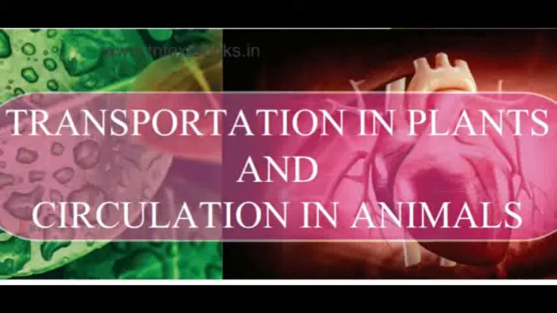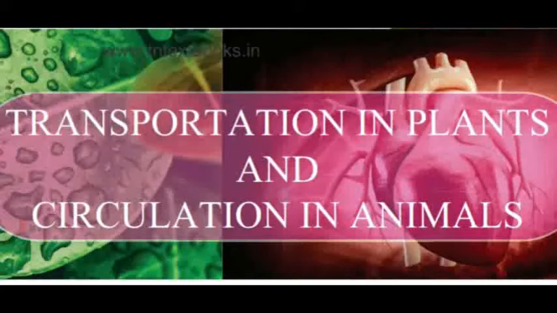Then double circulation. In some animals, the blood circulates two times through the heart in one complete cycle. That is known as double circulation. The oxygenated blood and deoxygenated blood do not mix together.